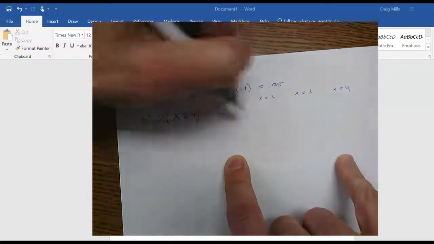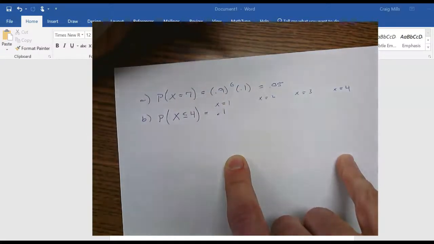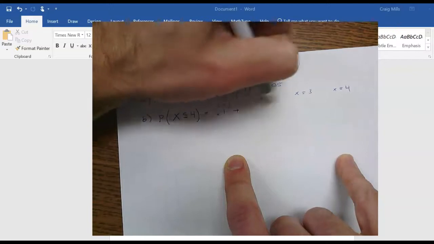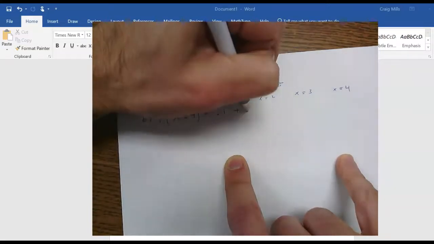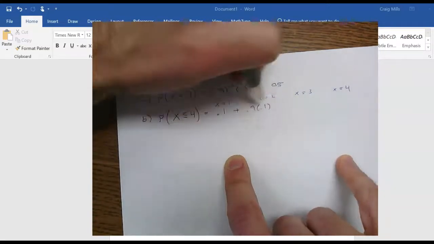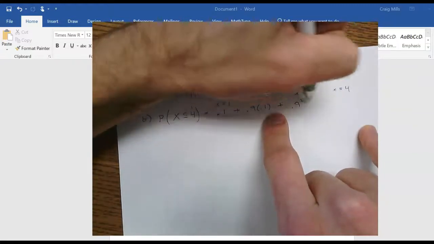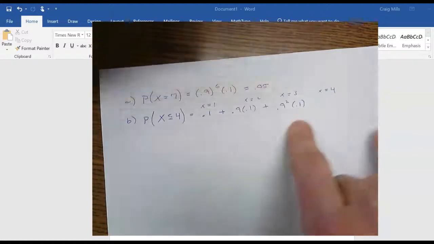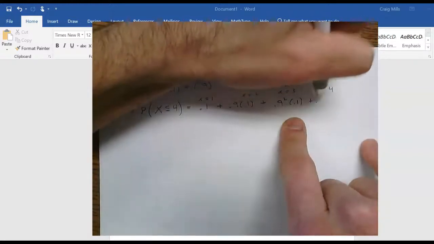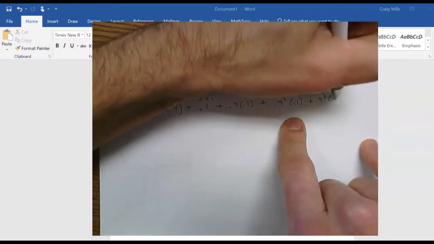Well, if the first person was left-handed, there would be a 10% chance of that. Plus, if the second person was the first left-hander, it would be 90% times 10%. They were not left-handed, and then they were. The third person, the first 2 would not be, and the third one would. And the fourth person, 0.9 cubed times 0.1.